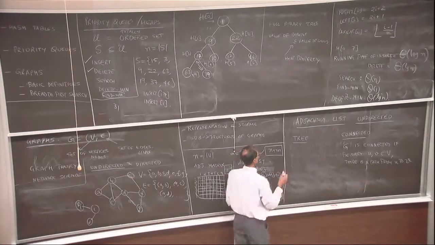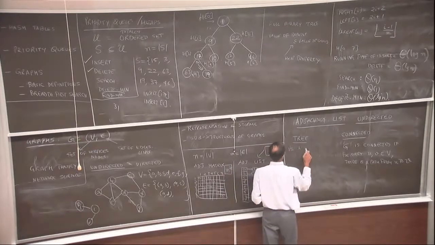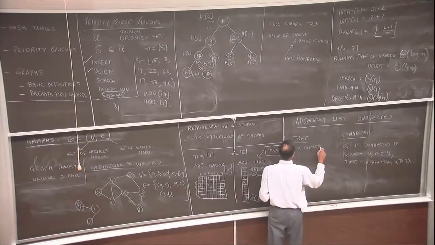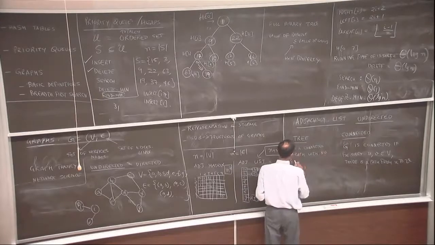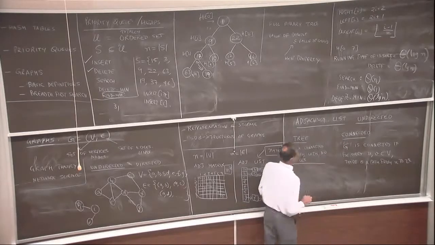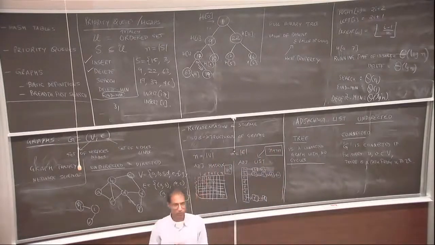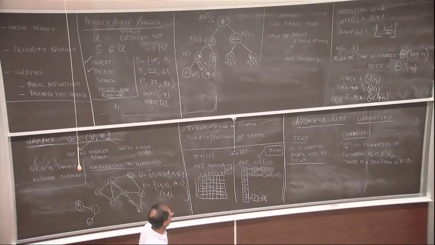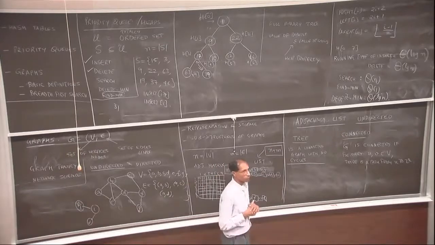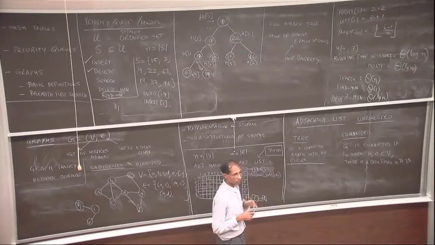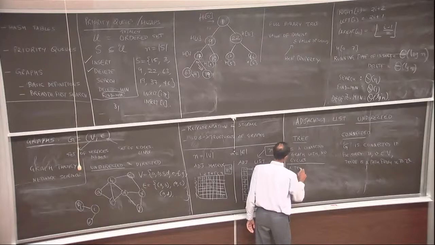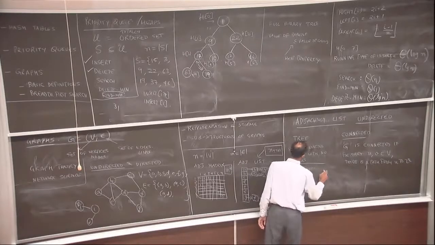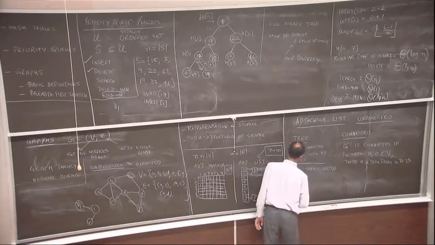So a tree is a connected graph with no cycles, and it's a good exercise to try to prove, and you can prove it by induction, you can also prove it in many different ways, that a tree over n vertices always has n minus 1 edges.